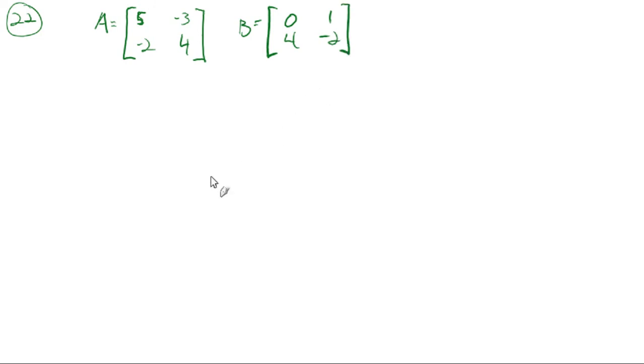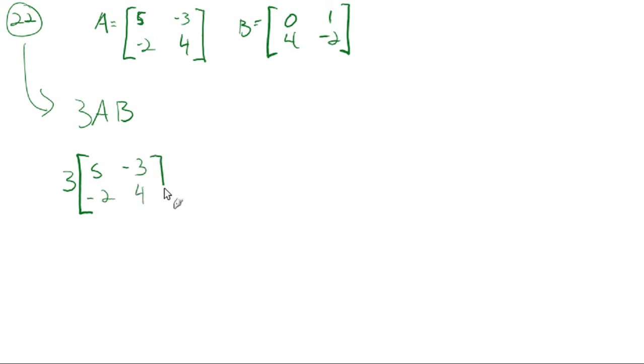And 22 wants us to do 3AB. 3 times A times B. That's 3 times A times B.